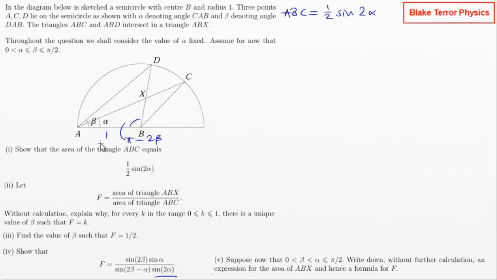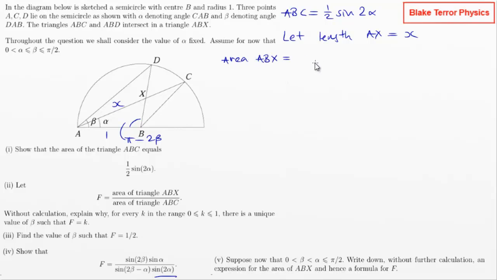We've got that length 1 there, so actually we're going to have to do sine rule as well. Let's set that length to be x, go from A to X. So let length AX equal x. So then we've got the area ABX.